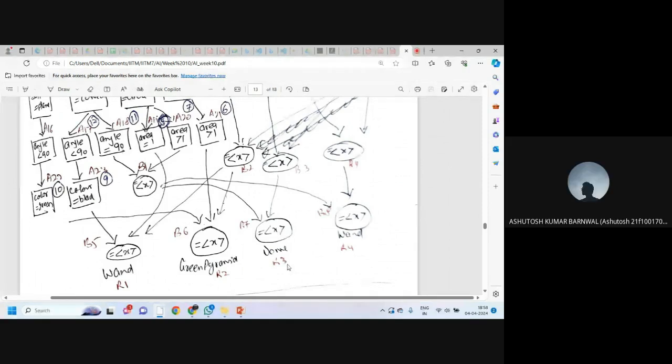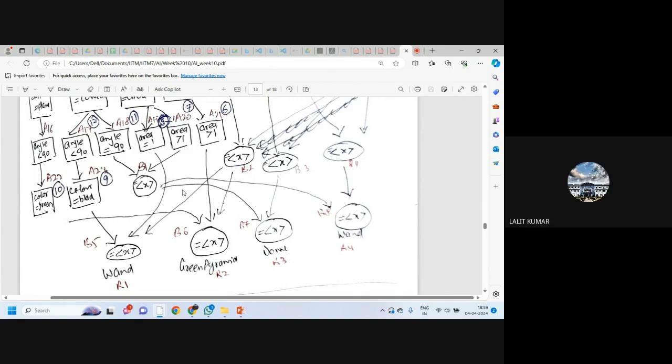Now we see Rule 3. Will it fire? For Rule 3, B1 comes from A18, and in 18 somebody is sitting, 11, right? Yes. And then it has to come from A20, where 7 is sitting.